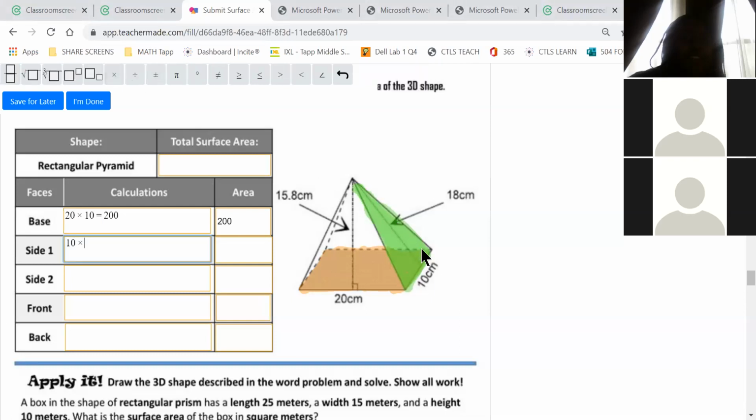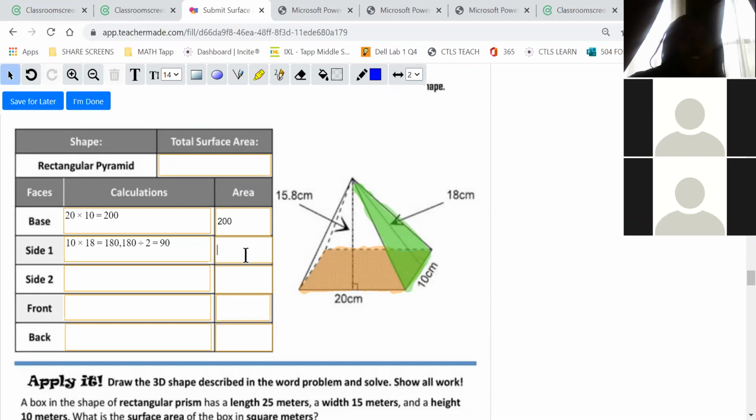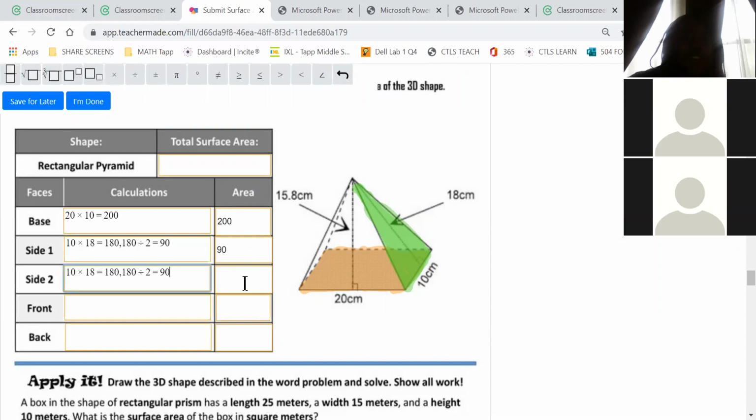And the height is showing us 18. 10 times 18 is 180. And that's just the base times height. Now it's time for us to divide by 2. 180 divided by 2 is equal to 90. So my side there is 90. And this side one is congruent to side 2. So they're both 90.